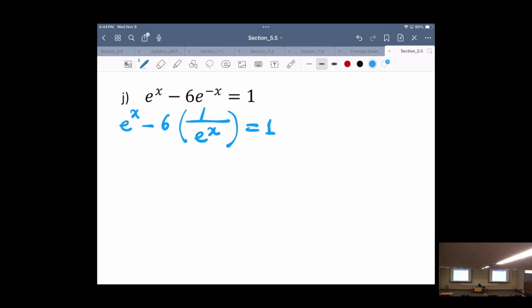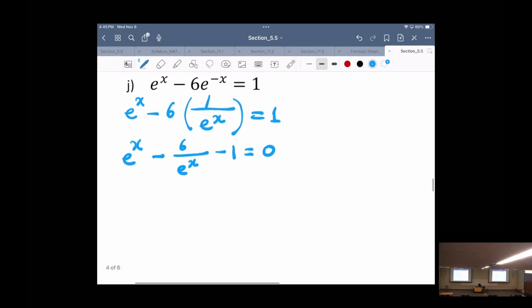So I took this e to the minus x and rewrote it like 1 over e to the x with positive power. What does this give me? Well, it gives me an equation with no negative power, right? So let me simplify it a little bit like this. I move the 1 from right to left, so that's what I get.